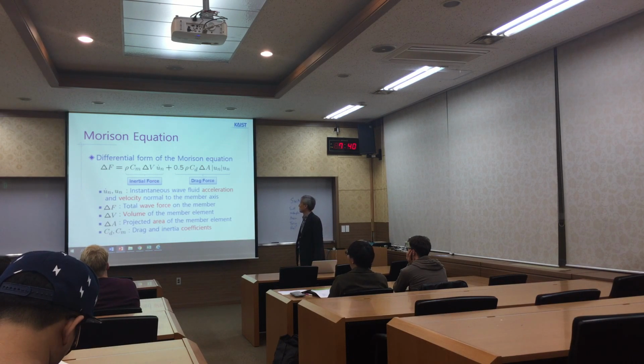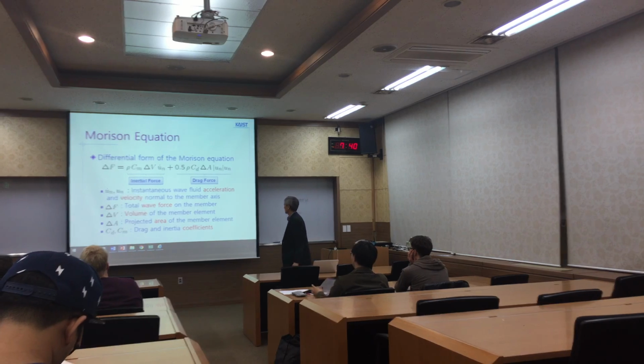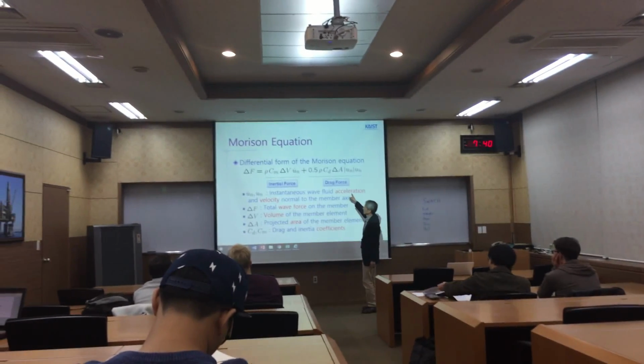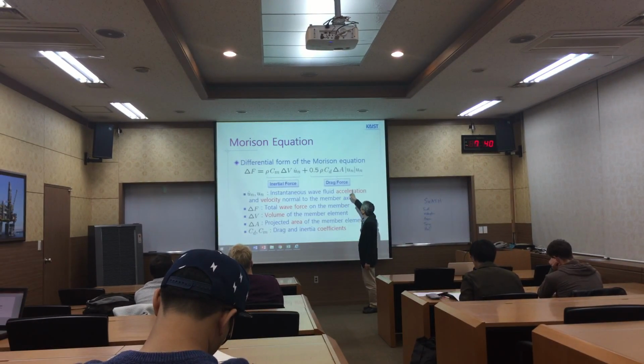So it comes with the Morison equation, or differential form that is divided into inertial force and drag force. Wave fluid acceleration is for inertial forces, and velocity for drag forces.